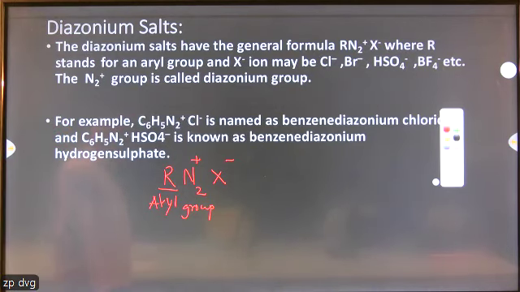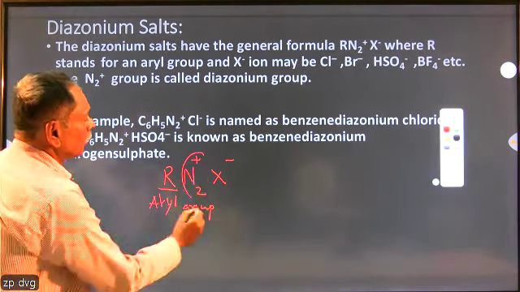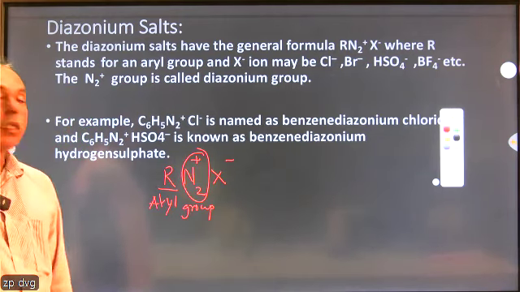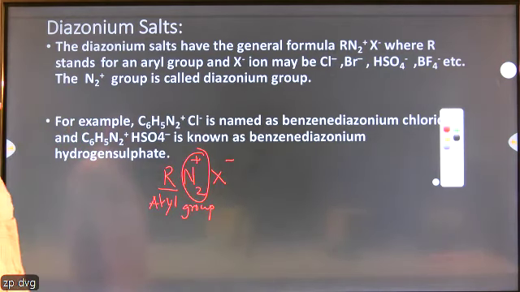Now, the N2+ group in diazonium salts is called the diazonium group.